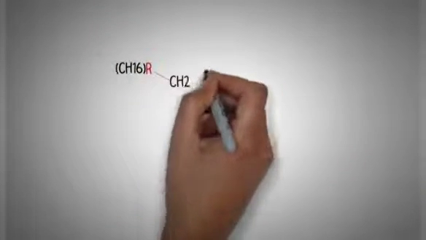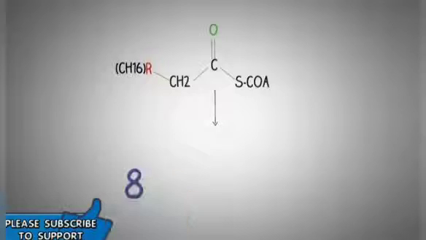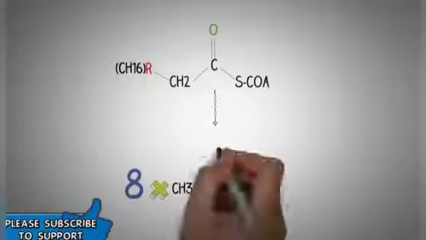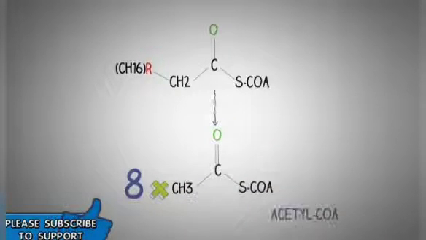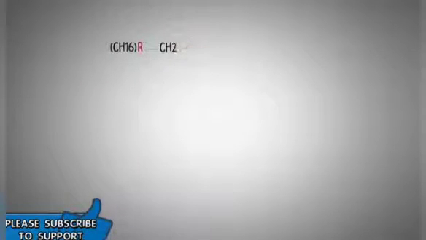Now let's look at how a 16 carbon fatty acid, the palmitoyl CoA, is broken down completely into 8 molecules of acetyl CoA through the process of beta oxidation in the mitochondrial matrix. So we begin this example with this 16 carbon fatty acid which is called palmitoyl CoA.